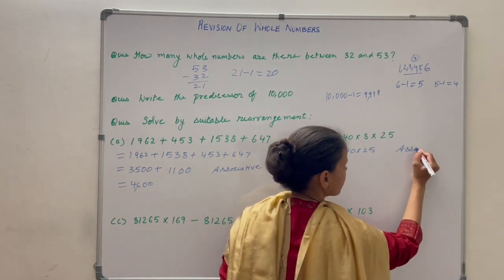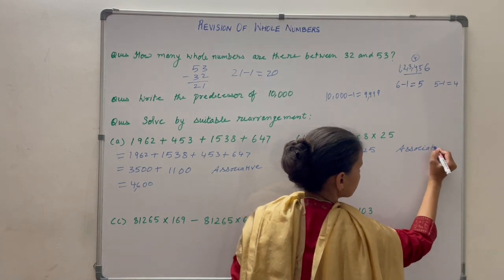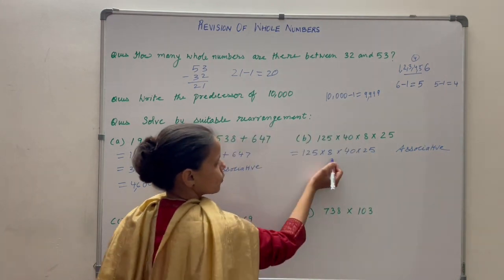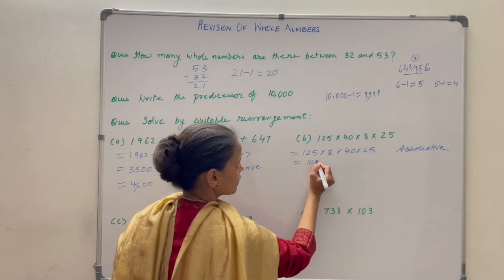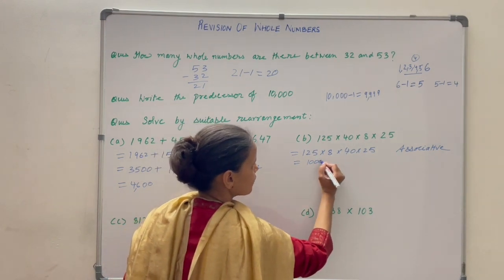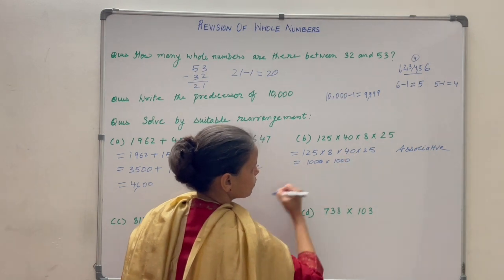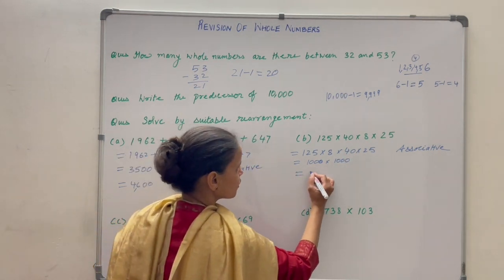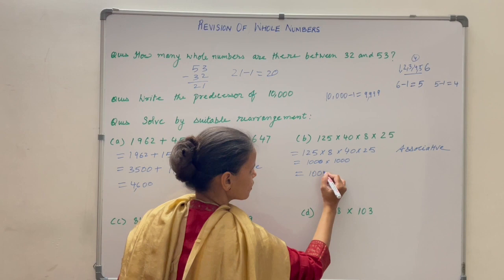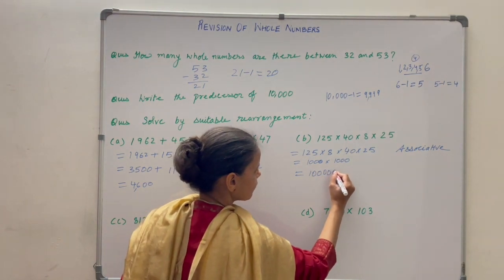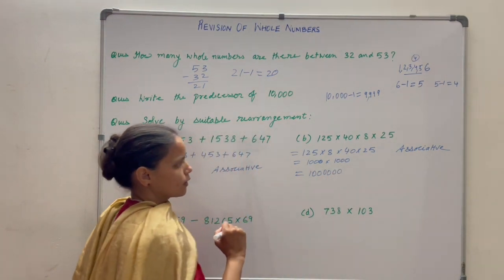Associative property of multiplication. So 125 into 8 is 1000 and 25 into 4 is 100, with this one more zero. So how many zeros are here? 6 zeros: 1, 2, 3, 4, 5, 6.